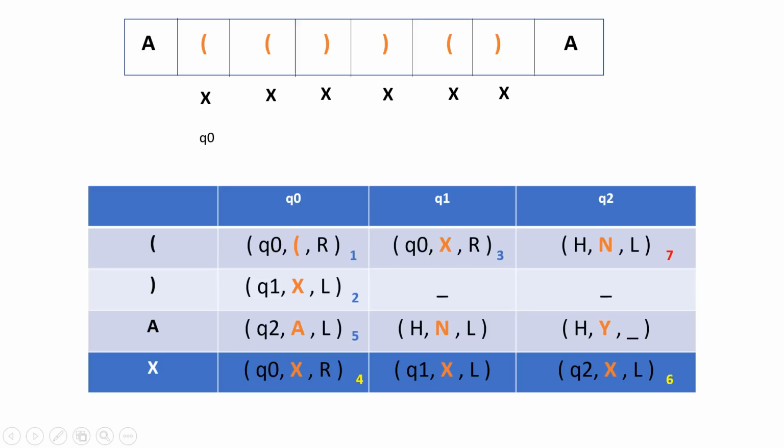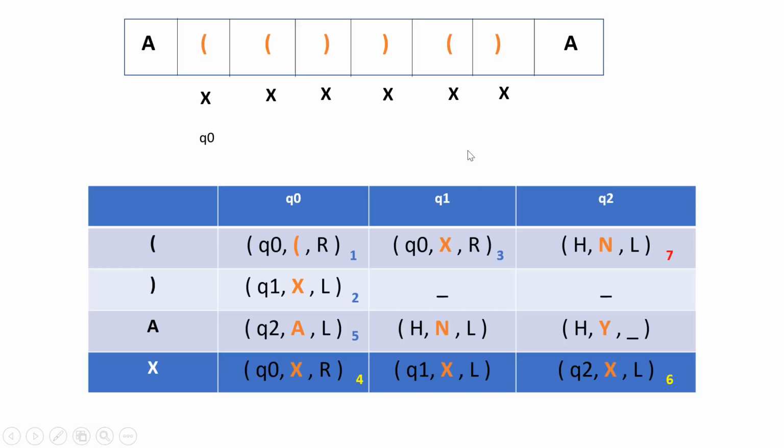So what's another error condition? Suppose we are in Q1, and Q1 is a left moving state. You might encounter a whole bunch of X's that had been processed. Just keep moving left, looking for that left parenthesis to match.